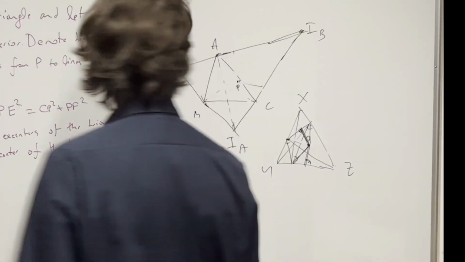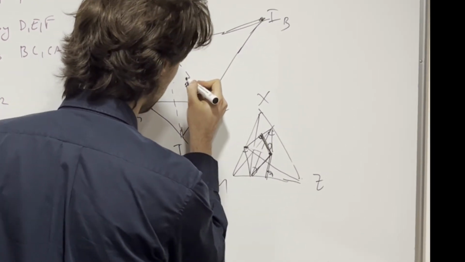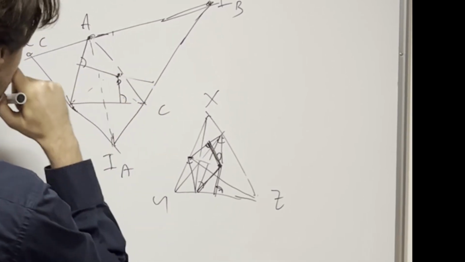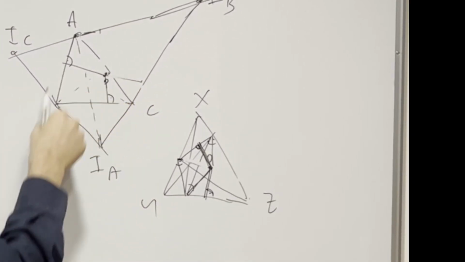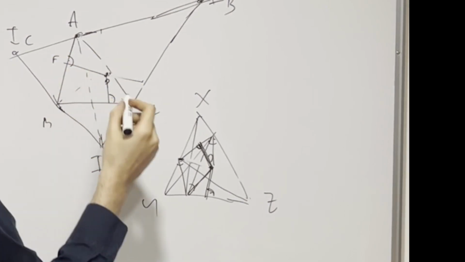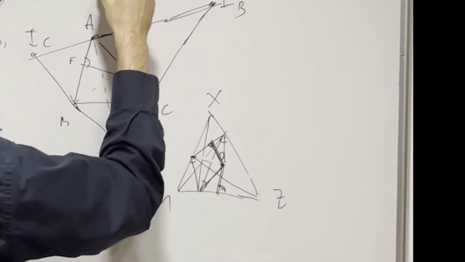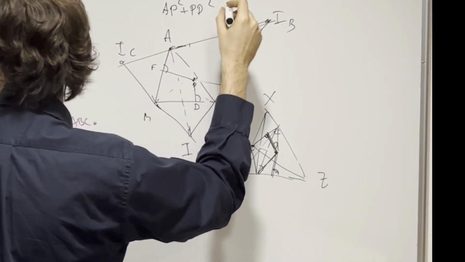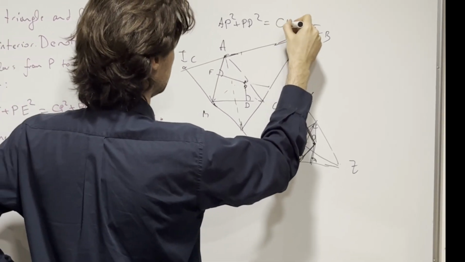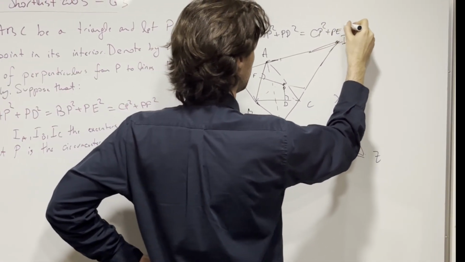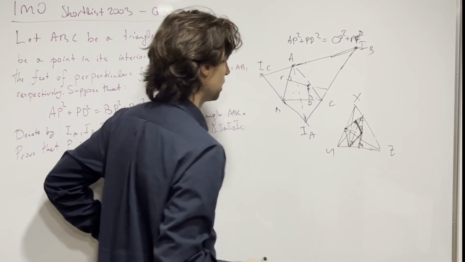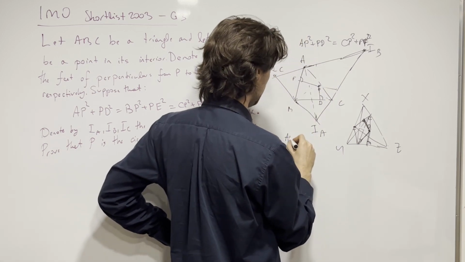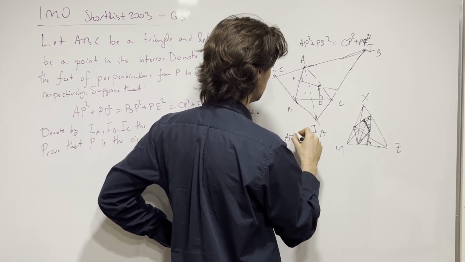So maybe instead, let me put the two feet of perpendicular, say from P to AB and BC. From P to AB, that's the point F, and here's the point D. So maybe instead of AP squared plus PD squared equal to CP squared plus PF squared, I write it in terms of AF.